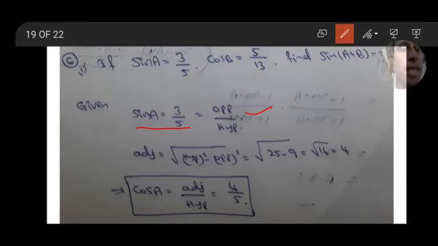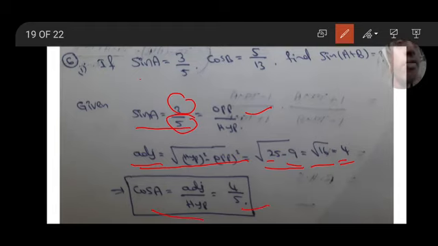What about the adjacent side? Adjacent side equal to square root of hypotenuse square minus opposite side square, that is square root of 25 minus 9, square root of 16 equal to 4. Therefore cos a equal to adjacent side by hypotenuse, that is 4 by 5.